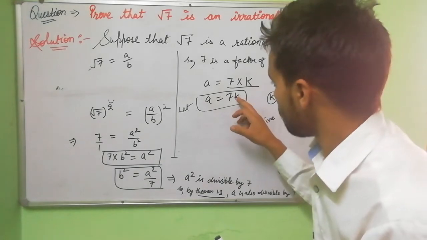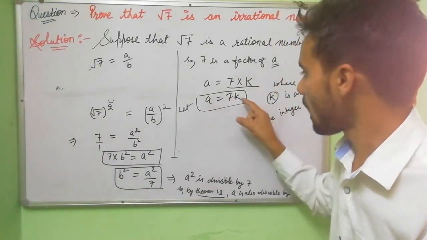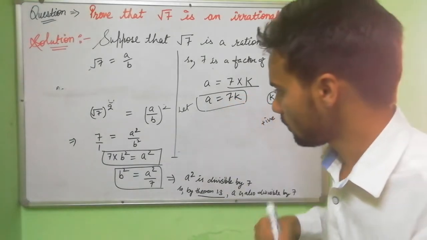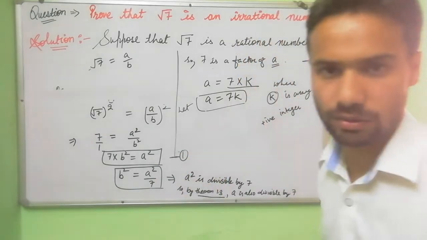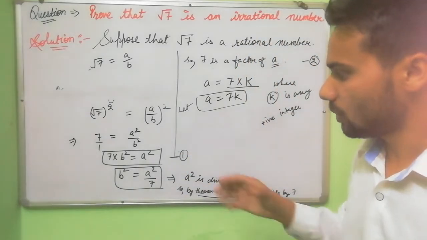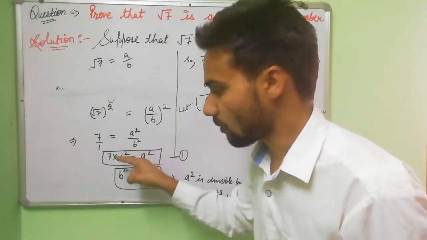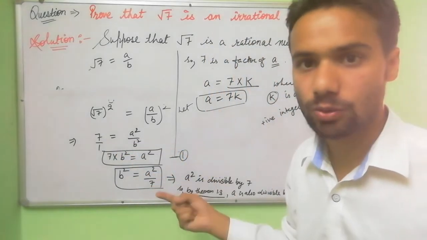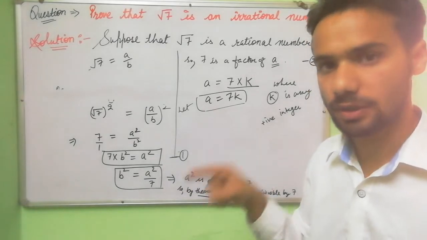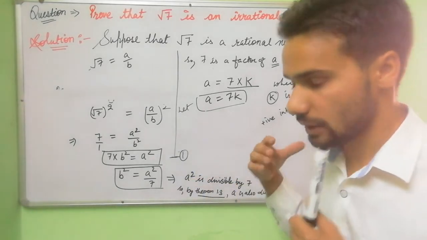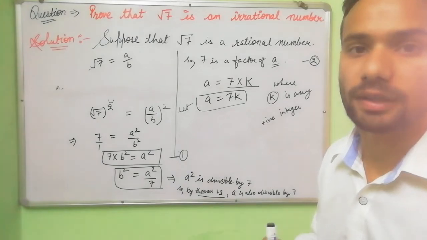Now after writing this, I put this value in the first equation. Why? Because I want to prove that 7 also divides b square, that means 7 also divides b, and it gives you that 7 is a factor of b.